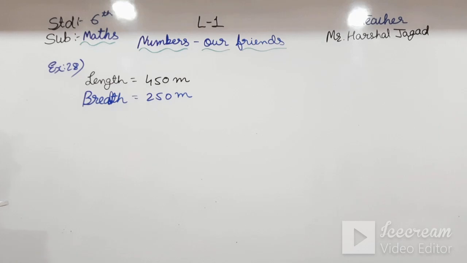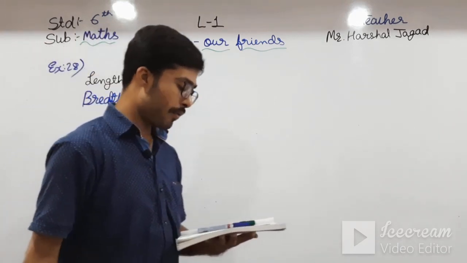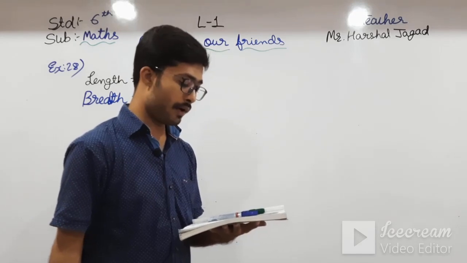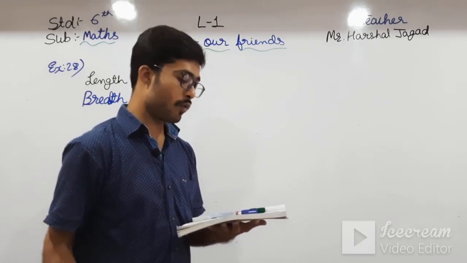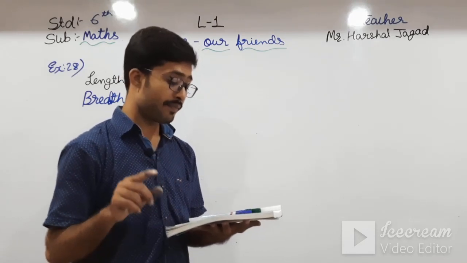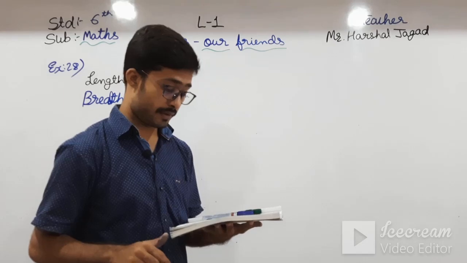Okay students, so now next, a boundary wall is to be built round the field. 1 meter length of the wall requires 200 bricks. How many bricks should be purchased for this purpose?